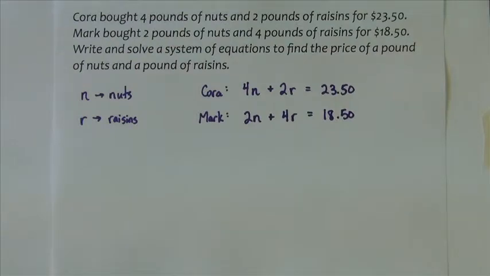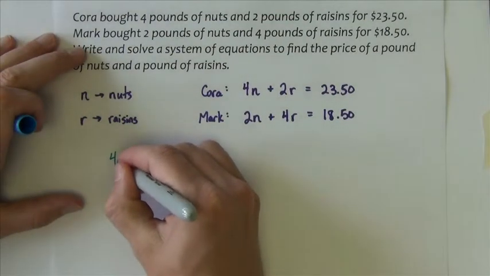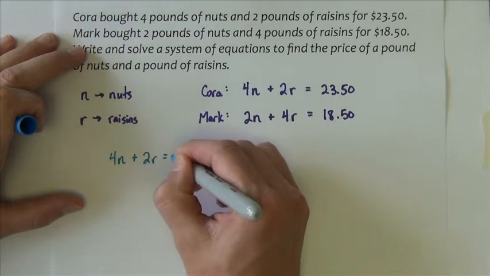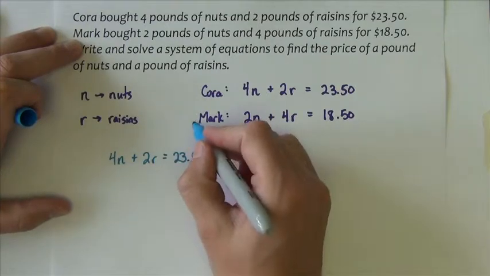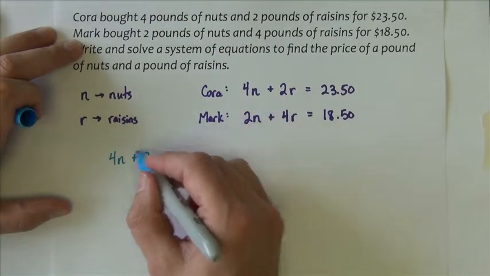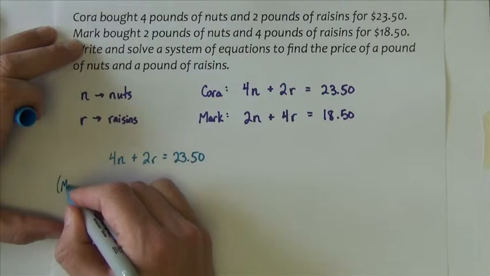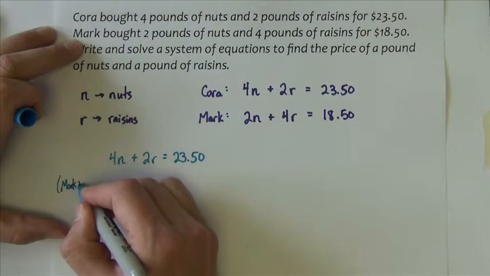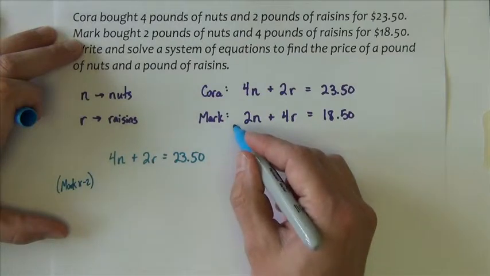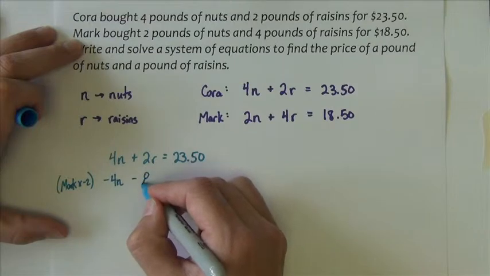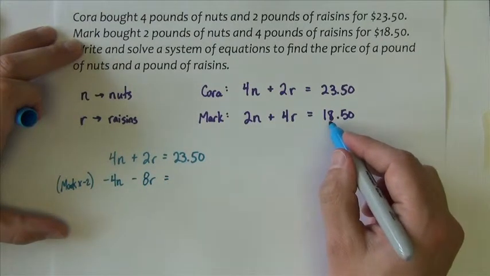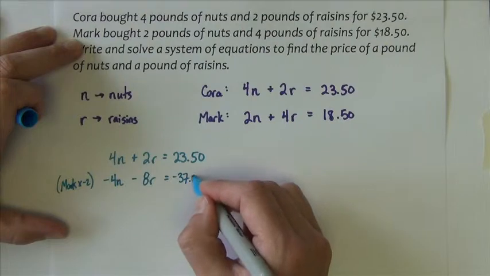Well, what I'm going to do to solve it, I think, is take Cora's equation as it is. I'm going to take Mark's equation down here, but I'm going to times Mark by 2. Actually by -2. That's going to make him negative 4n minus 8r equals, and that times 2 is negative 37.